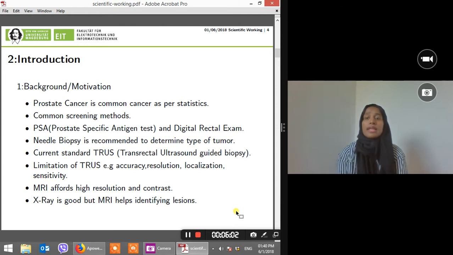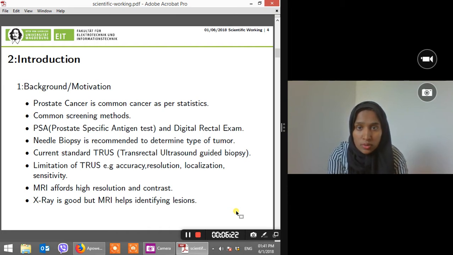Okay, in the PSA, prostate specific antigen test, it is detected whether the prostate specific antigen is present in the patient or not. If it is present, then it leads to a digital rectal exam, because PSA is not conclusive.